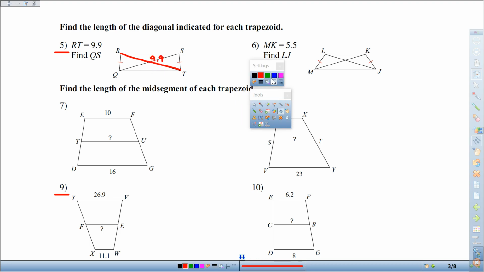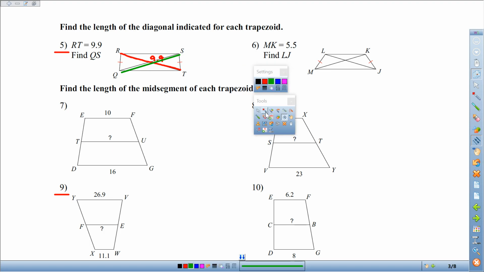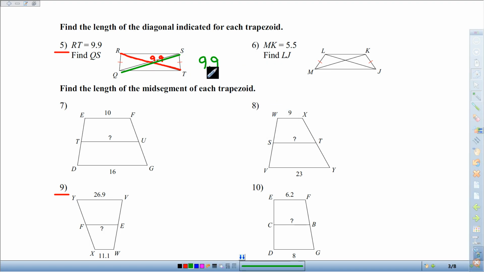And they're asking us to find the other diagonal, QS. All we have to remember is that, again, diagonals of an isosceles trapezoid are congruent. If one of them is 9.9, the other one is 9.9. So yeah, at any point, if you want to pause this video and try out some of these problems, feel free.